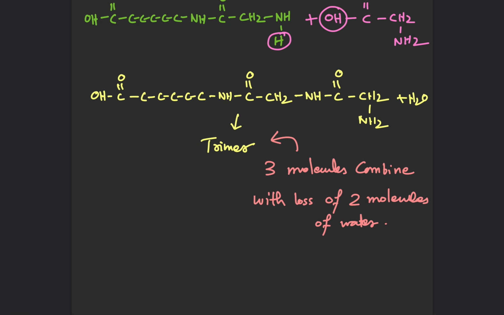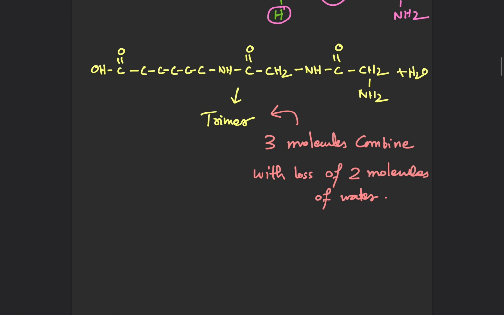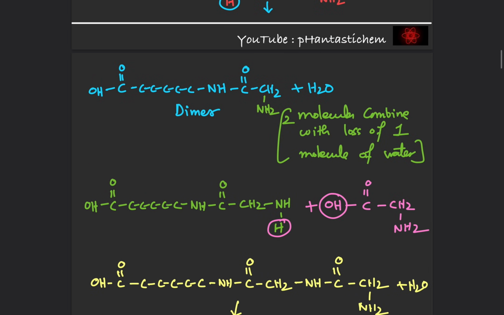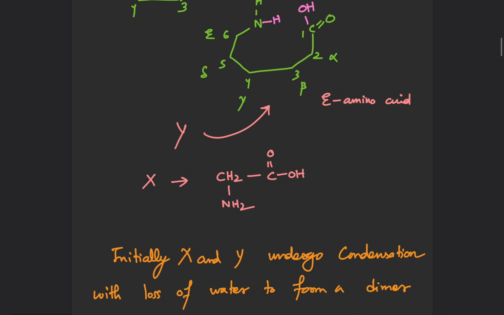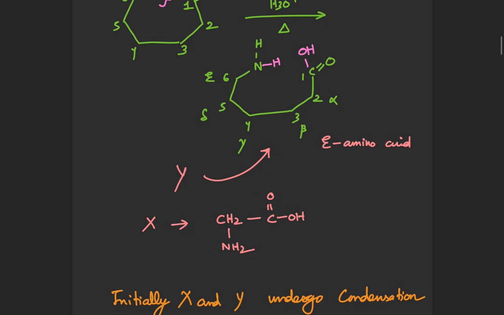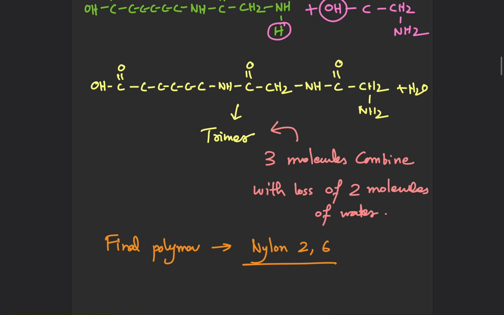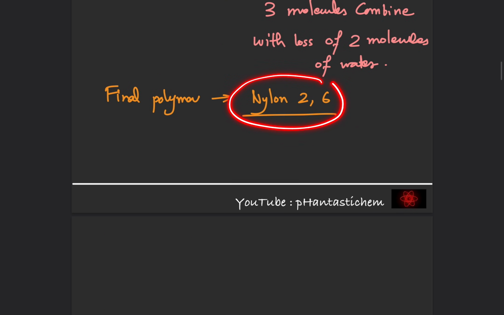So the final polymer that we get is known as nylon 2,6, because of the monomers that we started with, X and Y. X has 2 carbon atoms, that's why nylon 2, and 6 because Y has 1, 2, 3, 4, 5, 6 carbon atoms. That's why the final polymer is known as nylon 2,6.